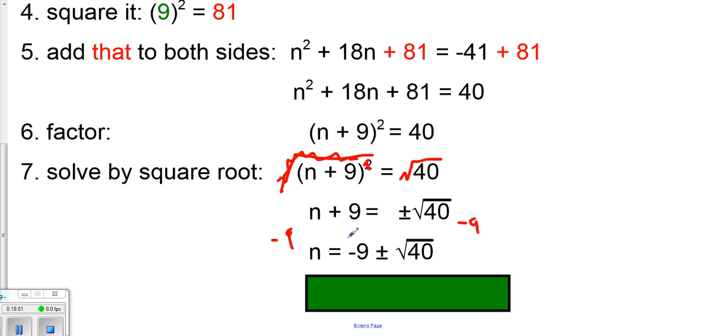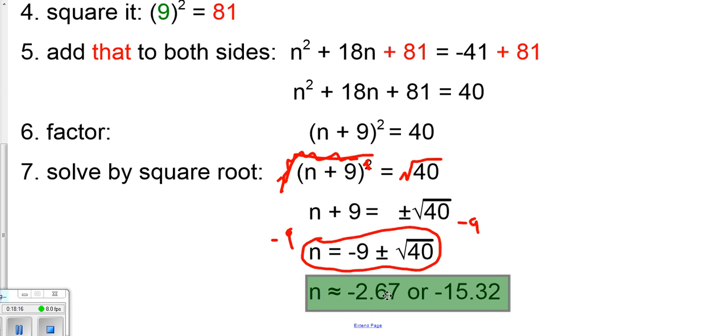If you want, you can call this your answer. This is a nice simplified form. That is okay. If you prefer to get things a little more exact, you can do this on your calculator and get a closer decimal answer. Negative 9 plus the square root of 40, and you'd get negative 2.67, about that amount, rounded.